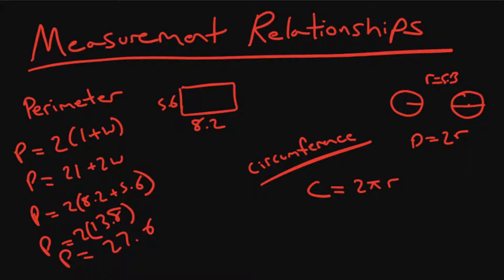And everybody knows pi is that glorious number. So we have 3 times 3. Sorry, I'm still sleeping.